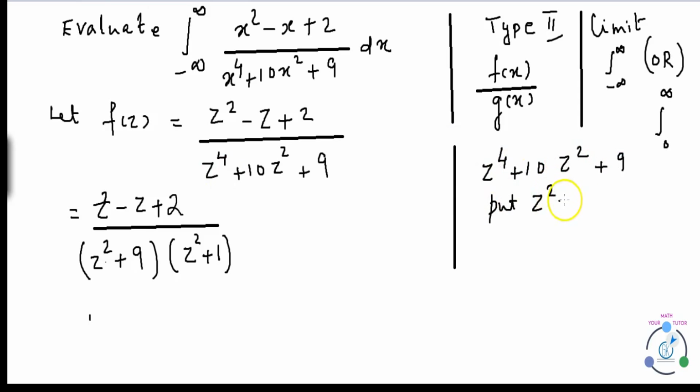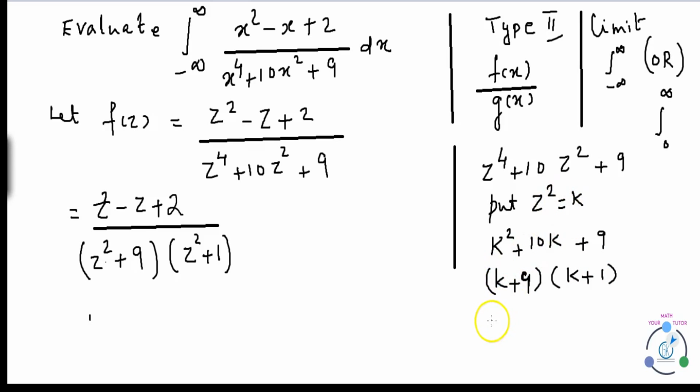To factorize z raised to 4 plus 10 z square plus 9, put z square equal to k. Then it reduces to k square plus 10k plus 9. Converting into factors, we get (k plus 9) into (k plus 1).